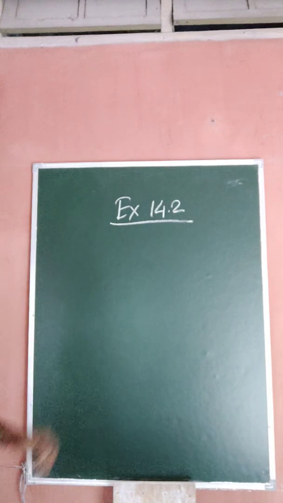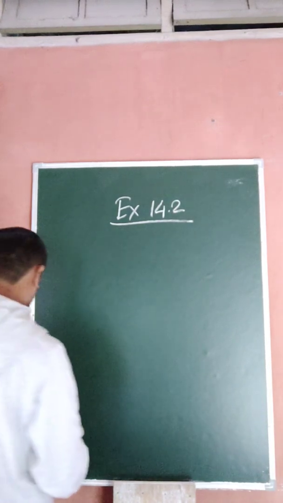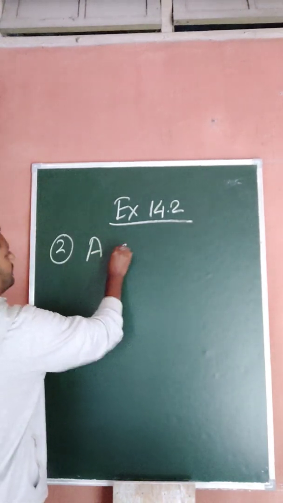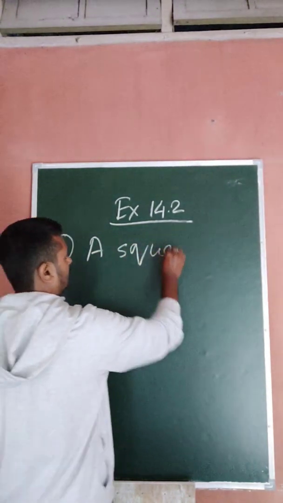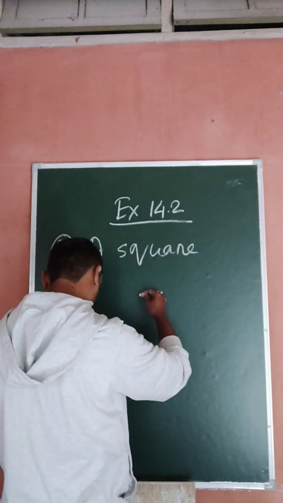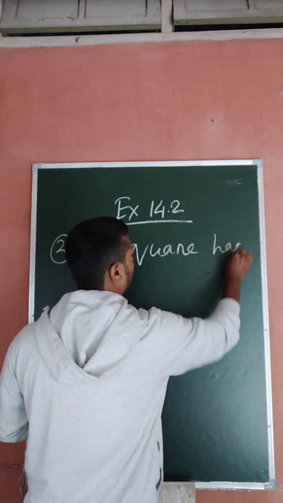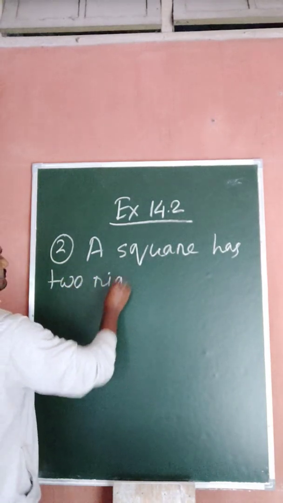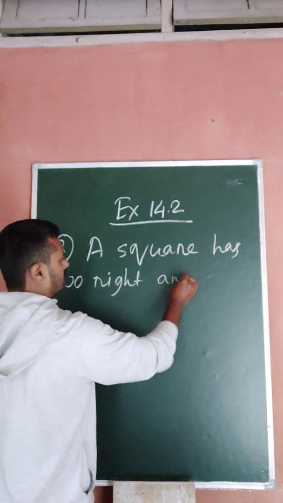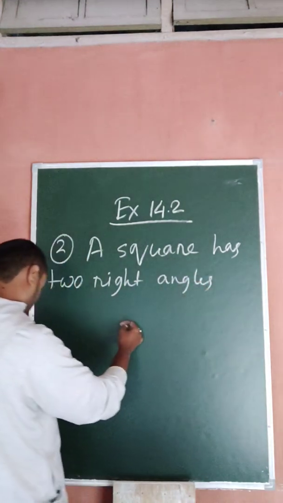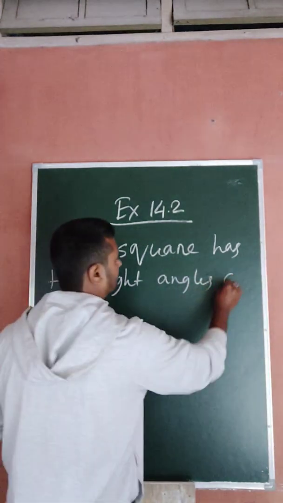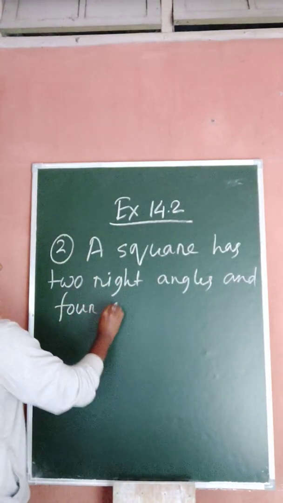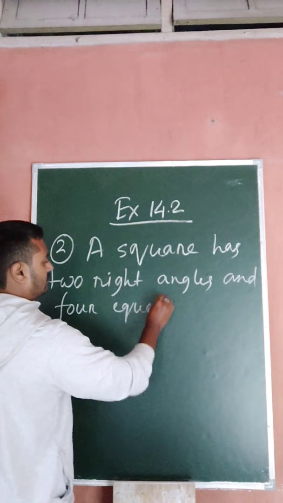Question number 2, you have to write true or false. Very interesting question. It is given that a square has two right angles and four equal sides.